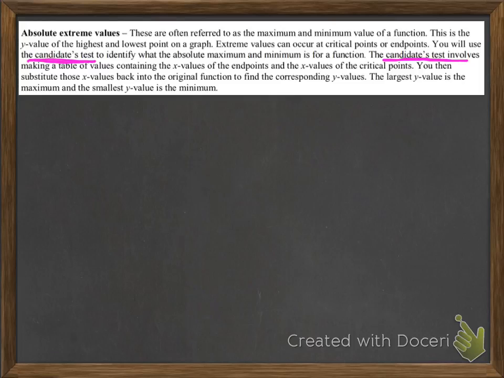Absolute maximums and minimums can occur either at critical points or at endpoints of a function. So what we will be doing is making a table that will include the endpoints and the critical points, and those will be considered your candidates for where the maximum or minimum will occur.